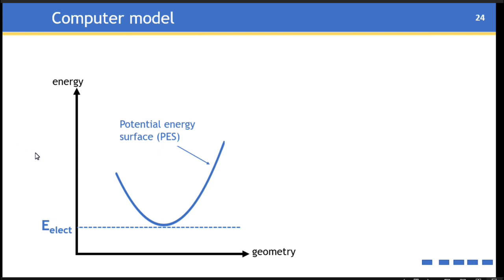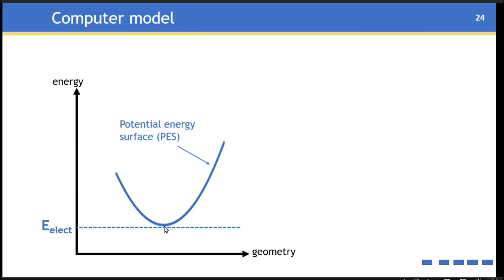In all of these kinds of studies with computational chemistry, essentially what you're doing is finding the lowest energy geometry on the potential energy surface. So when you do an optimization in Gaussian, it slides down this until it reaches the bottom of this curve, and that gives what's called the electronic energy.